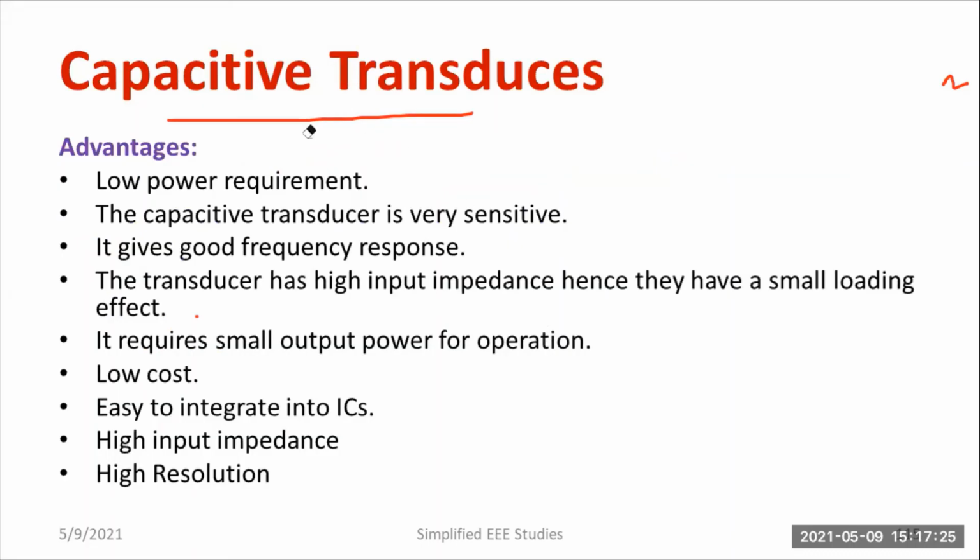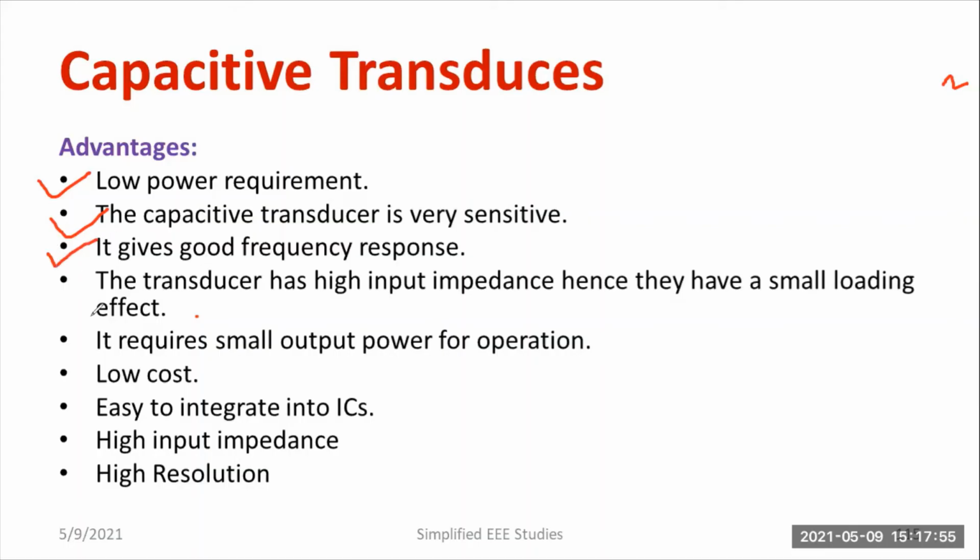What are the advantages of a capacitive transducer? Power requirement is very less. Then we can say that the capacitive transducer is highly sensitive, and also it gives good frequency response. If you compute the frequency domain specifications such as bandwidth, gain crossover frequency, phase crossover frequency, then you will be getting very good values.